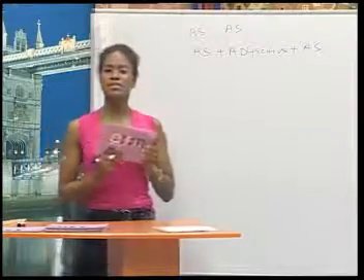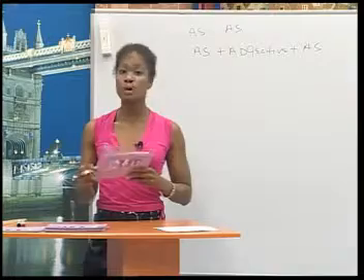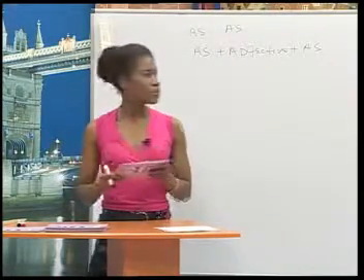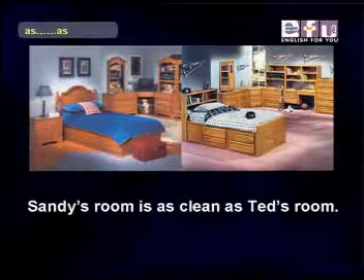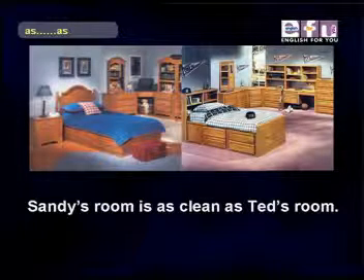So as is used to say that two things are equal or the same in some way. Okay, for example, take a look at your monitor. Sandy's room is as clean as Ted's room.